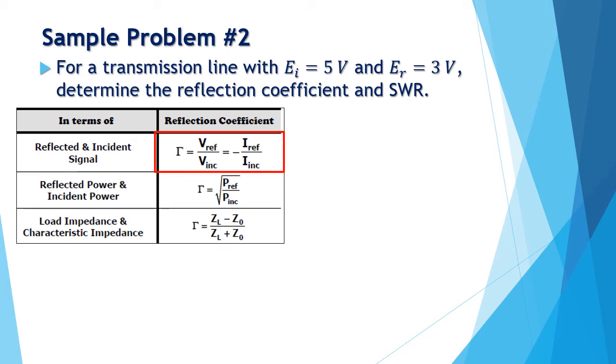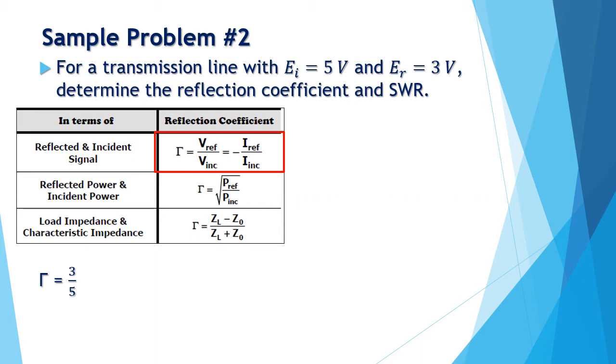The reflection coefficient is equal to our V ref, in this case 3 volts, our reflected voltage, divided by our V ins, our incident voltage, in this case 5 volts.